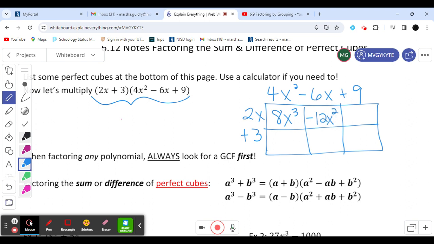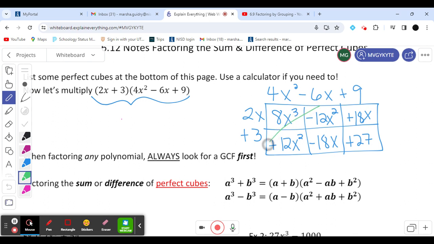And if you need to go over this, I have a video on multiplying polynomials you can review also. We have plus 18x plus 12x squared minus 18x plus 27.